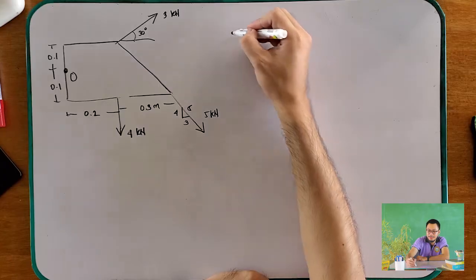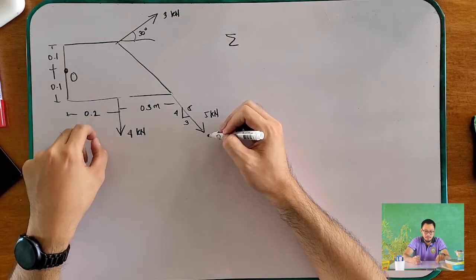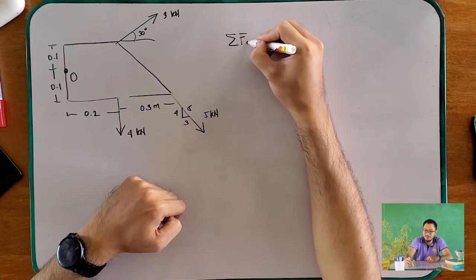Unsa man atong una buhaton? We have to determine the resultant of the three forces. Can you still remember how to determine the resultant of multiple forces? Atong buhaton is to do summation. And di man ni siya sayon kung di na kuha ang components. So, ato siya isum sa iyang mga components x and y. So, summation of forces along the x.